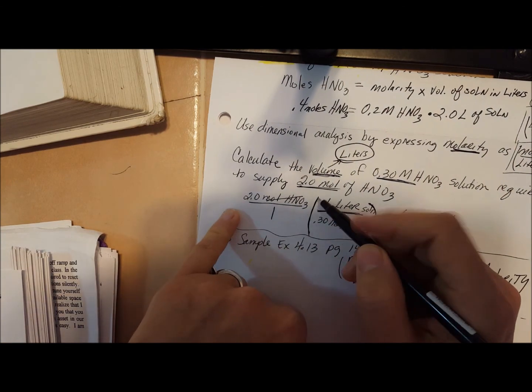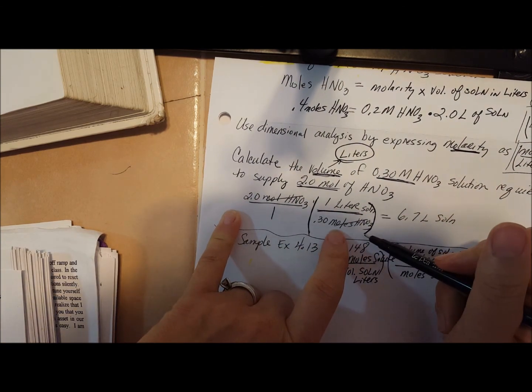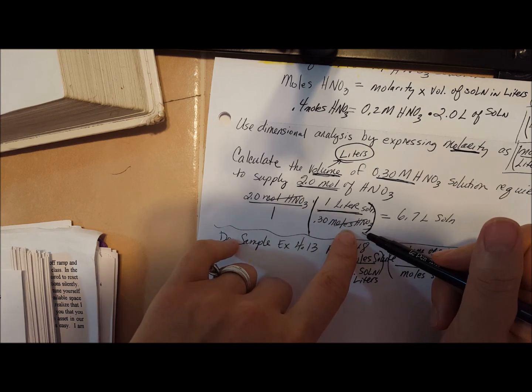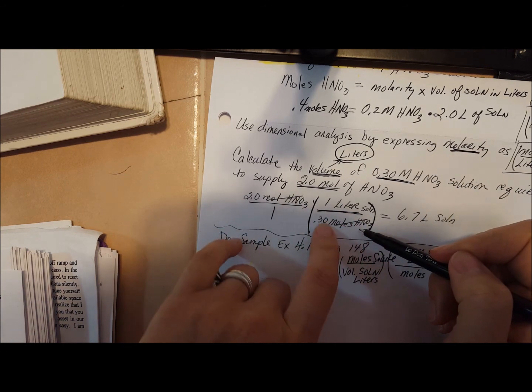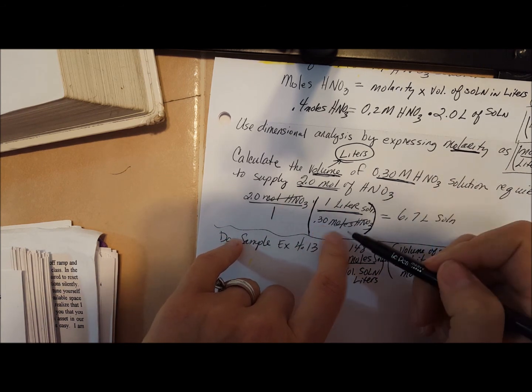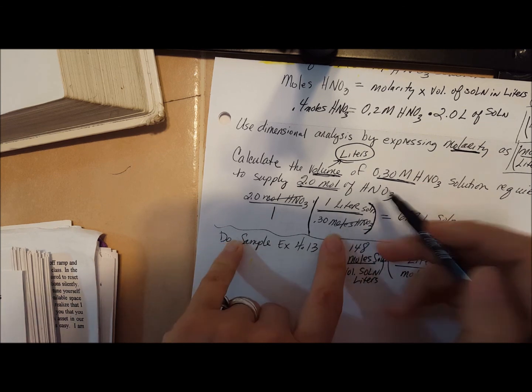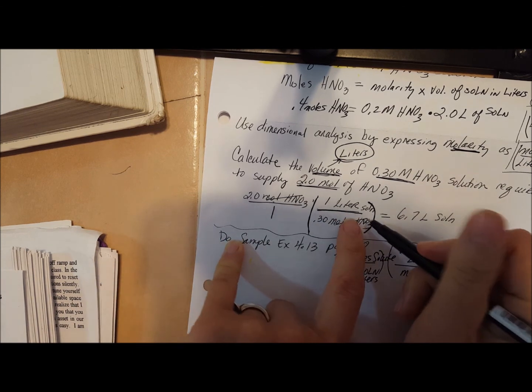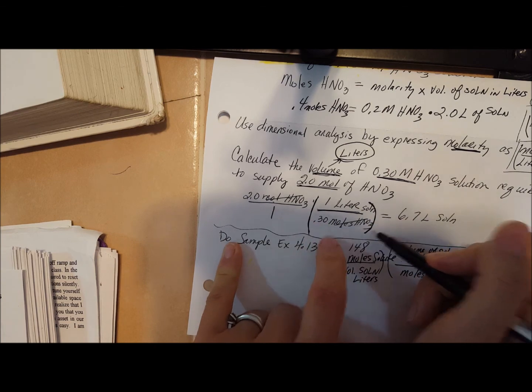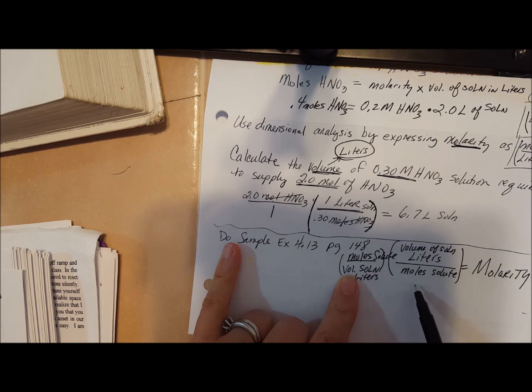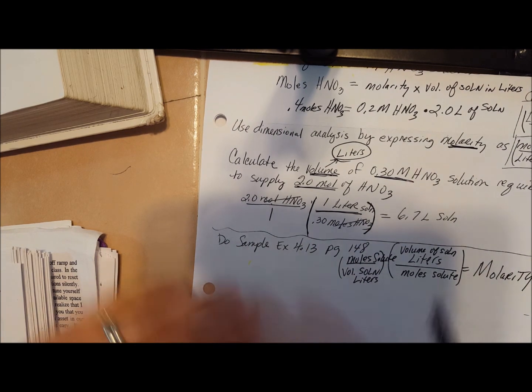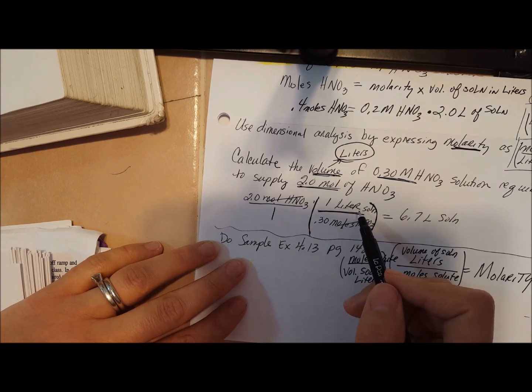So you're going to cancel moles, and you're going to put 0.30 moles of HNO3 in the denominator, opposite sides cancel, and then you're going to put 1 liter, because this is our conversion factor that we just did down here. It's liters over moles of solute, so you put that liters in the numerator.